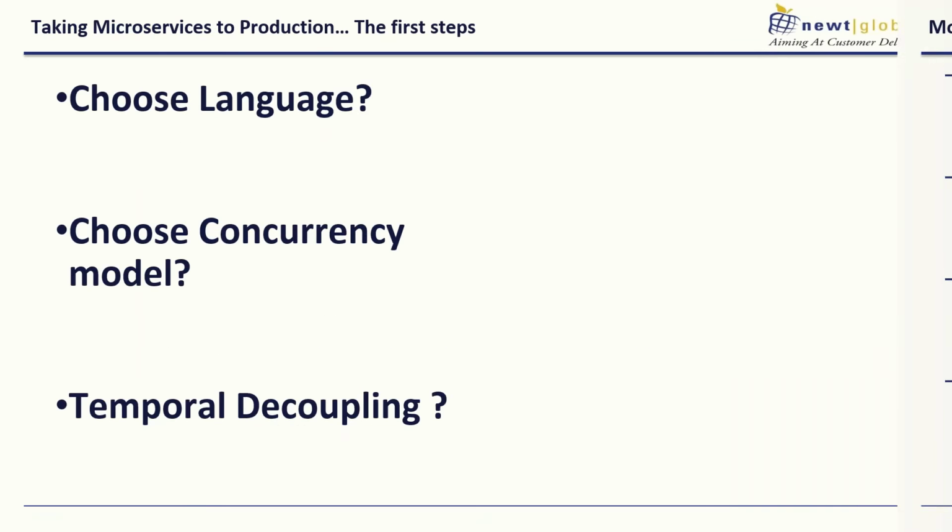Right. Now, taking microservices to the first steps, right? So I think when you're developing an application from scratch or rewriting an application, a couple of things. While I mentioned that you can have a different technology for each service, you need to understand that having 10 technologies in one large project can actually be a burden on you when you try to scale your team, especially if you're doing something across geographies and so on, right?